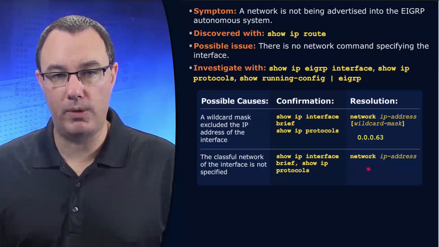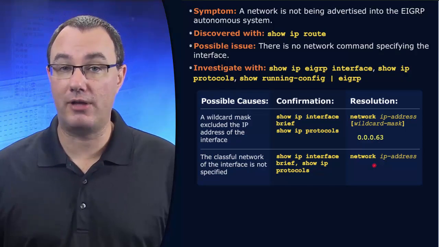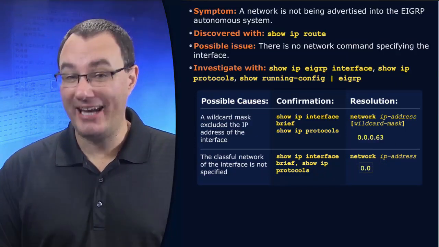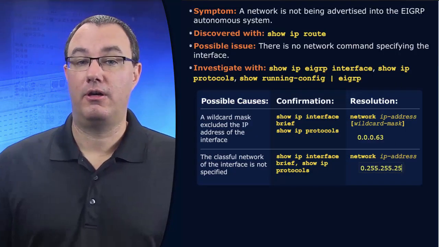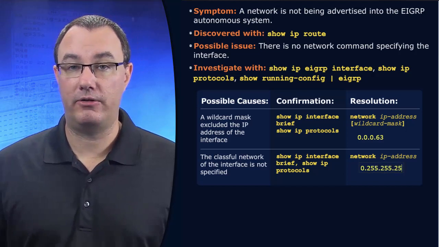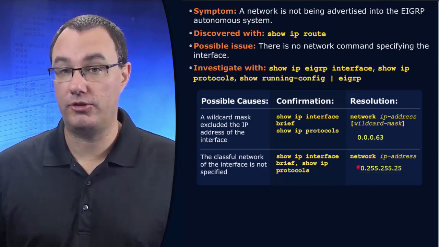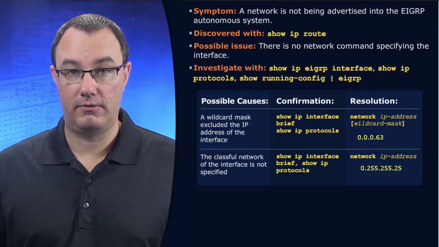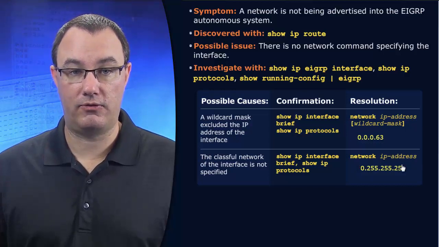If you don't see a wildcard mask, then you have to assume that it's a classful mask. So is it a class A? Then you would get the behavior of the network command being 0.255.255.255. I failed to put in the last 5. I'll do that.